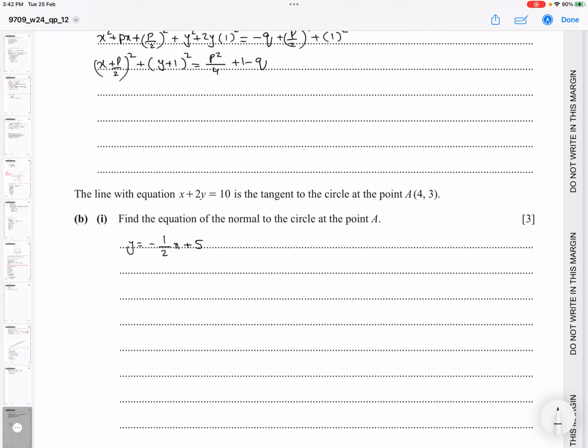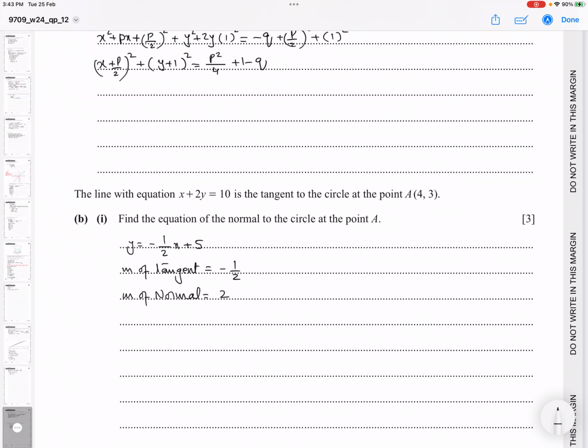So my gradient, m of tangent, is equal to minus 1 over 2, so m of normal would be positive 2 over 1, which I can write as 2.